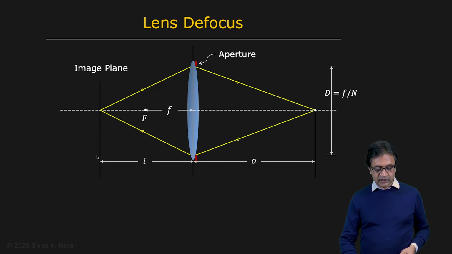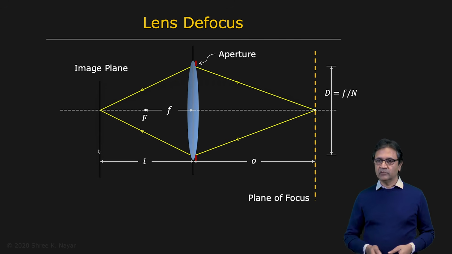And let's place our image plane, or the image sensor, right there. And so for this particular position of the image plane, there is exactly one plane which is going to be completely in focus. In fact, any point on this plane is going to be perfectly focused on this image plane. And this is called the plane of focus corresponding to your lens system.